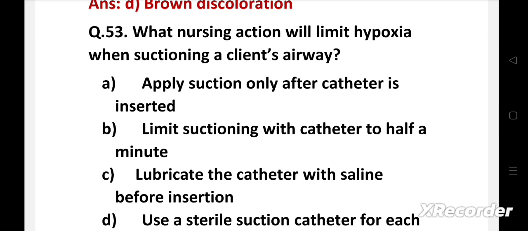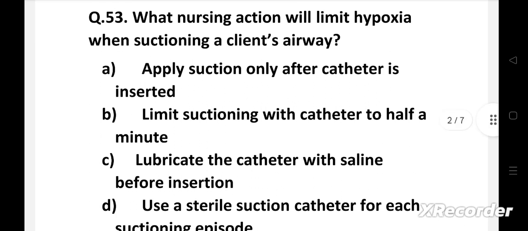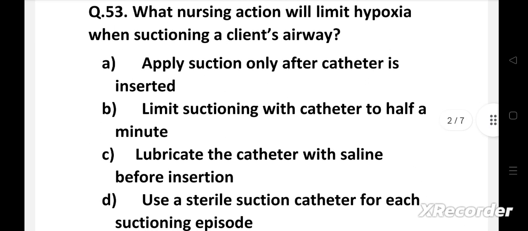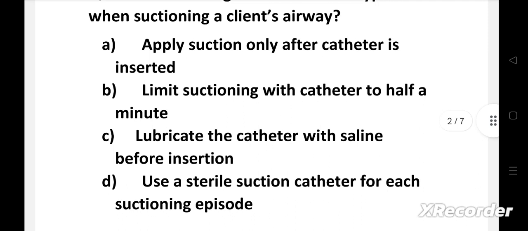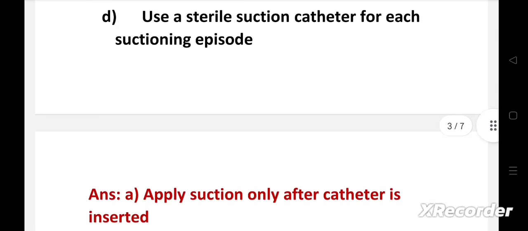D, use a sterile suction catheter for each suctioning episode. Right answer is option A, apply suction only after catheter is inserted. The negative pressure from suctioning removes oxygen as well as secretions. Suction should be applied only after the catheter is inserted and is being withdrawn.